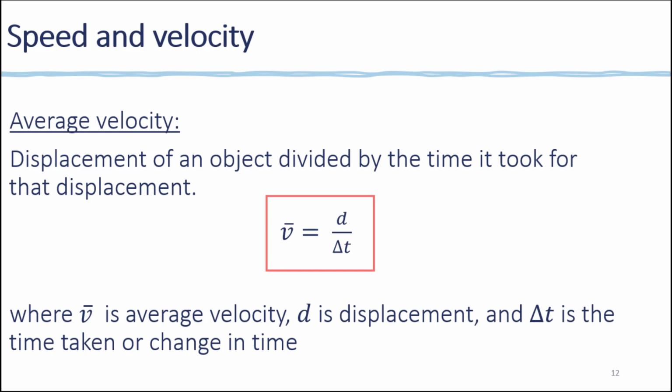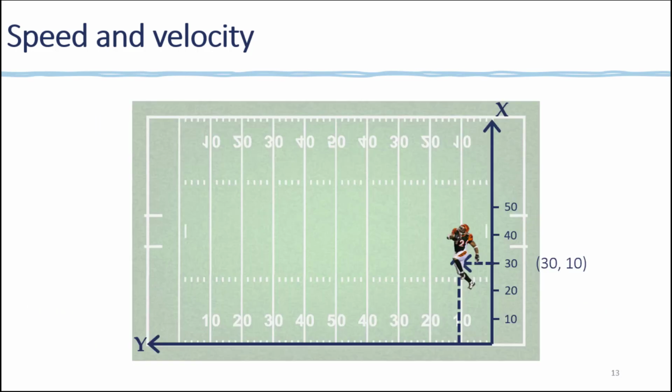So just like we were able to resolve displacement into its x and y components, we can do the same with velocity. So if we bring back that super fancy football example from the last video, and if you don't know what I'm talking about, you should go watch the last video.